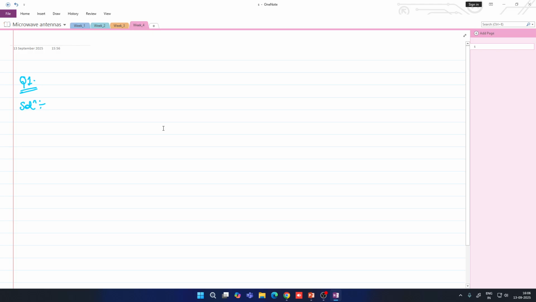Now we will start with the solution for question number 1. I will draw the figure again. The antennas are arranged along the z-axis.